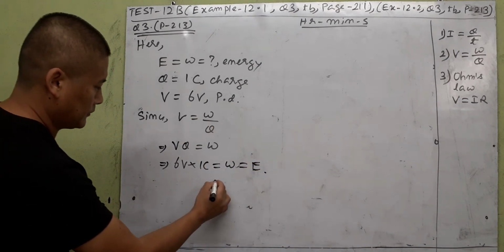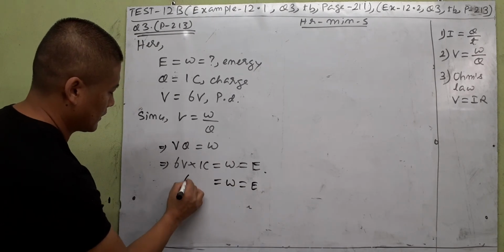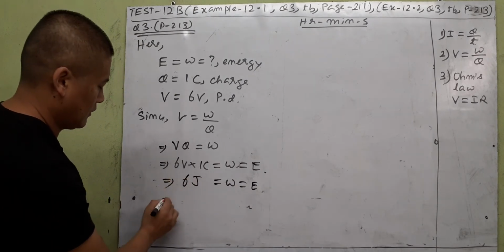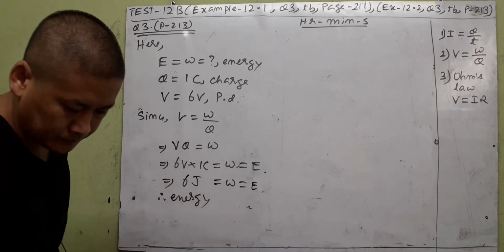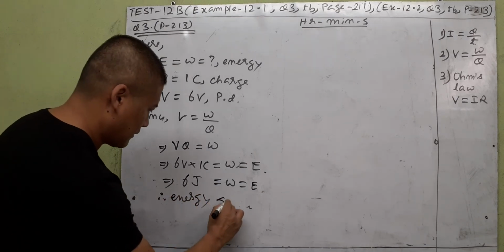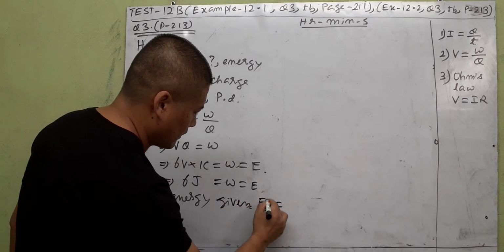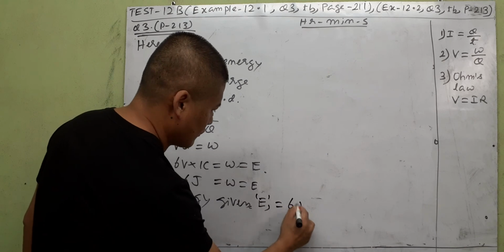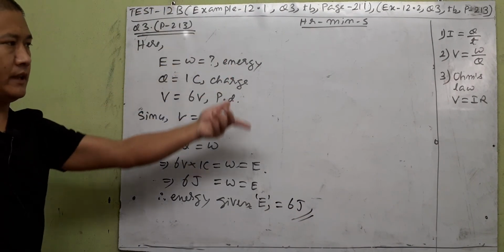So W equal to E equal to 6 ones are 6 joules. So therefore, energy given in this case, E equal to 6 joules. So these are the 4 questions. You can go and give the test. Okay.